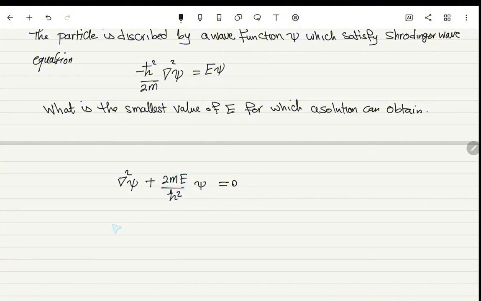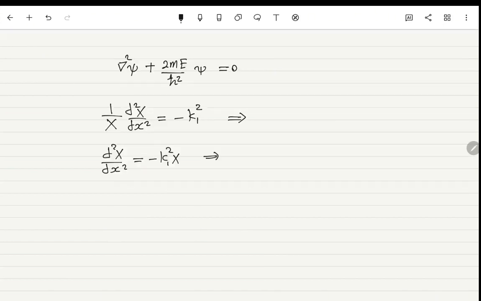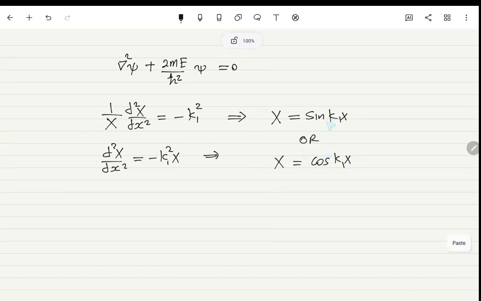We just solved that 1 over x d2x by dx squared equal to minus k1 squared. Now X for this case here is equal to sine k1x or X equal to cosine k1x, and both satisfy the solution for this second order differential equation.